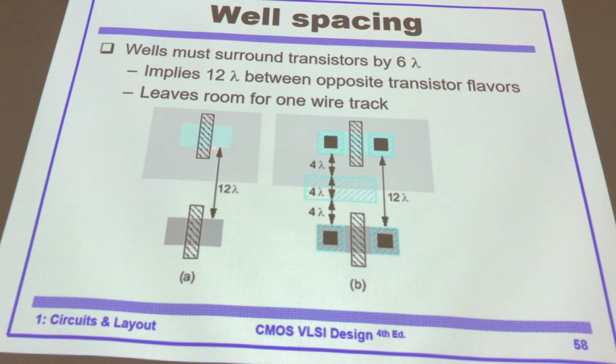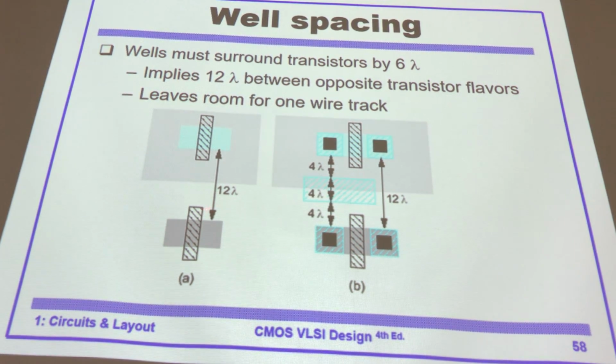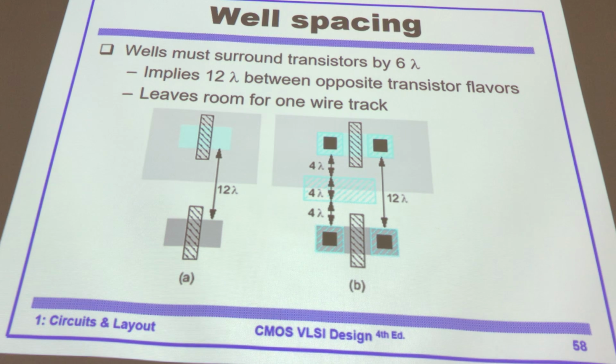6 lambda for this transistor. Between the transistor and the well boundary, it is 6 lambda. And between the well boundary and the PMOS transistor, it is 6 lambda. So totally 12 lambda between these two diffusions, meaning the NMOS transistor and the PMOS transistor should be 12 lambda apart.